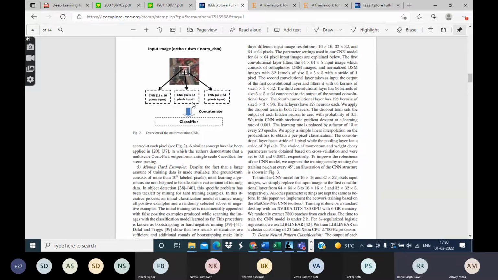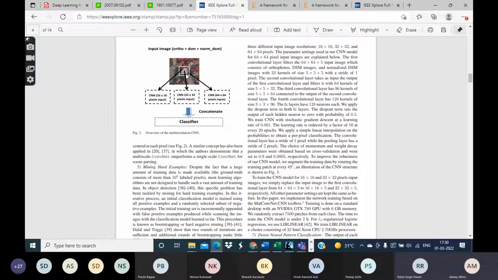Here they have discussed the convolutional neural networks. They have to calculate the CNN features. For that they have different kinds of CNNs, and they do it at different resolutions. As I said, they have different patch sizes: 16 cross 16 patches, 32 cross 32 patches, 64 cross 64 patches, etc. Each of these patches is provided as input to CNNs, and from those CNNs they get the feature maps.